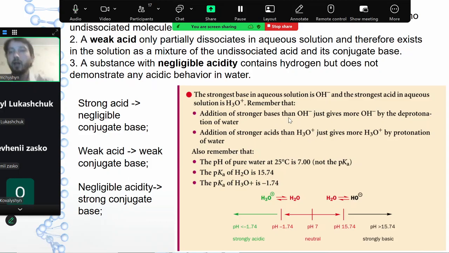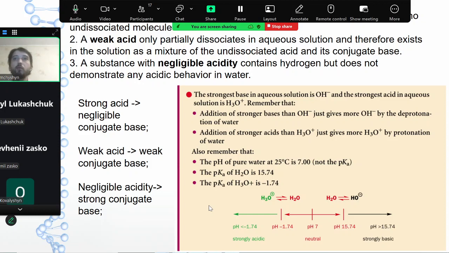If this is a substance with negligible acidity, you will get a strong conjugate base. Here we have a scale that tells us that the strongest base in aqueous solution is always OH minus, and the strongest acid is always H3O plus. The reason is that if you add a stronger acid, it just transfers its protons to water and gives you H3O plus by protonation.